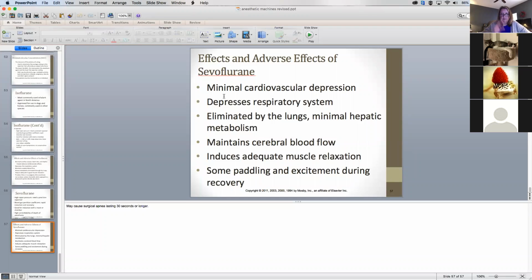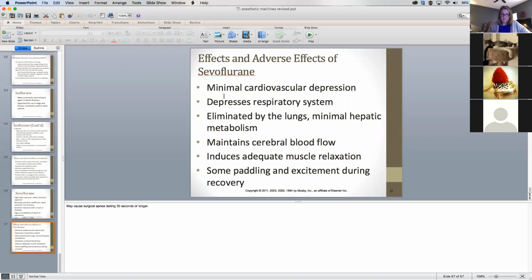The only reason, in my anesthesia notes, when I do lecture you about halothane, is that halothane, again, is not clinically used anymore, but the board exam talks about these new agents in comparison to the old agents. So halothane did have a higher blood gas solubility.